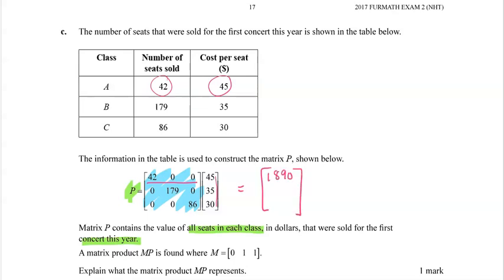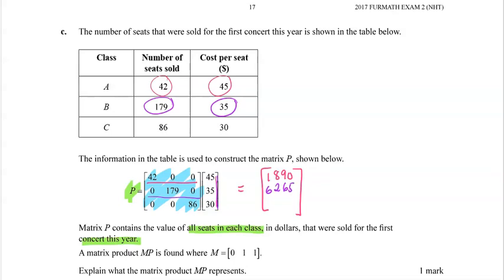In our second row, as we work across second row, first column, we're now getting the value that will sit in row 2, column 1 of the answer. And again, it's got 0 times the A-class tickets, but 179 times the B-class. So that would give us 6,265 as the value there.